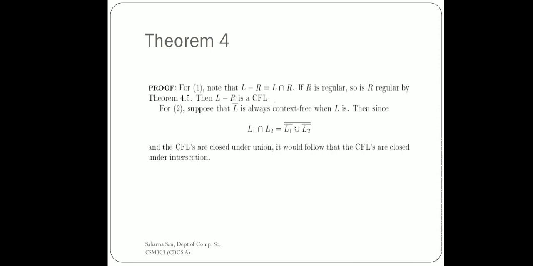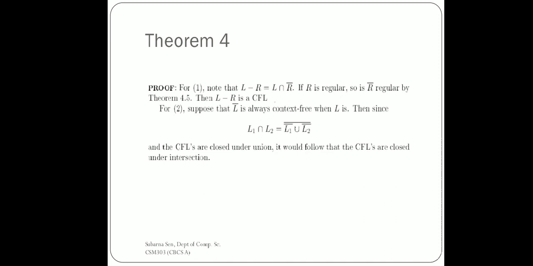Now the second one. I told you that it does not necessarily hold, but in which case it may hold. If we choose L1 intersection L2, we can write this as L1 complement union L2 complement, whole complement. Fine, it is De Morgan's law, nothing else. And we know CFLs are closed under union. How do we know that?